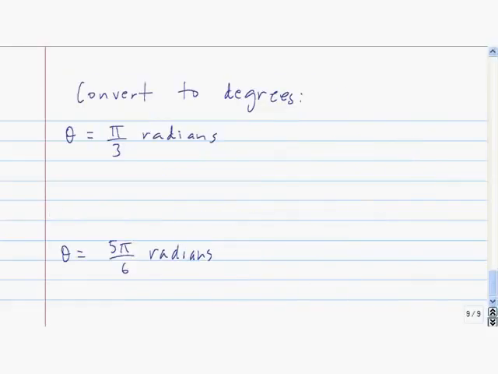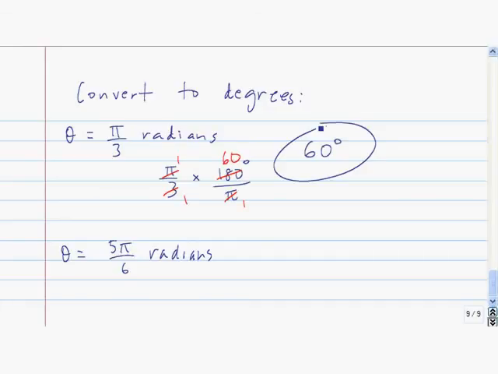Let me give you a couple to try. Press pause while you work on these two. For the first one you should have gotten 60 degrees, because pi over 3 times 180 over pi, the pi's cancel, and 3 goes into 180 60 times. So we have 1 times 60 over 1 times 1, and that gives us 60 degrees.